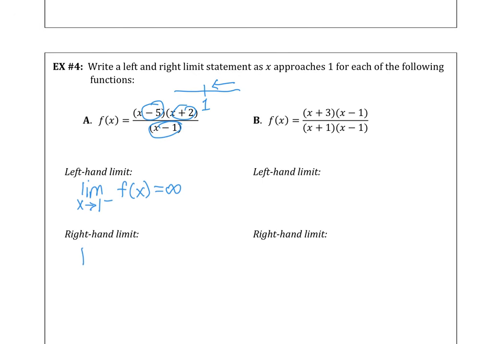So the right-hand limit of f of x as we approach 1 from the right is going to be negative, unbounded down. Now, if you follow that kind of logic, turn the video off and try part B on your own, and then come back to check your answers against my answers.